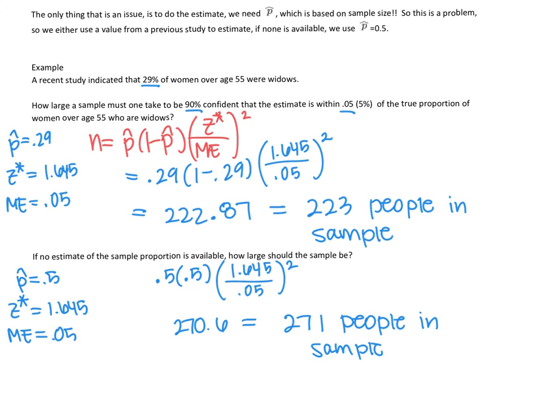So we can see how not knowing an estimate of a sample proportion can drastically change the sample size needed. Whether the p hat is smaller or larger than 0.5 determines if we would need a larger or smaller sample size.